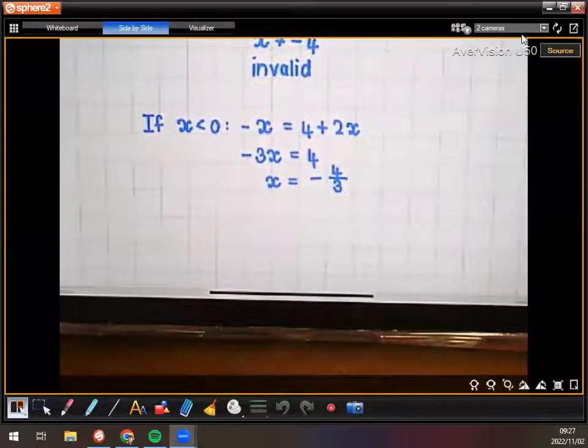It doesn't make the equation true. It doesn't work in my equation.